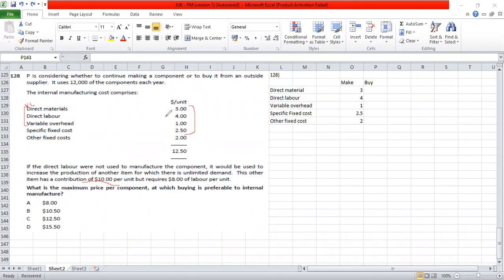They are using $4 of labor per unit. So when they are using $4, they will be earning contribution only to the extent of $4. When 8 is used, 10 is the contribution. When 4 is used, 5 will be the contribution. So that is an opportunity cost, or contribution foregone.